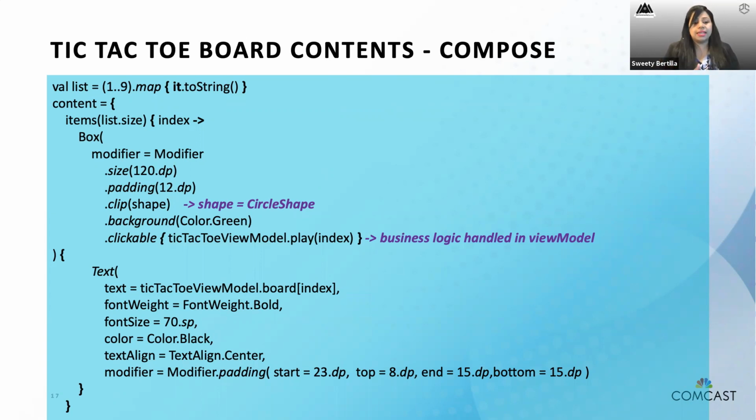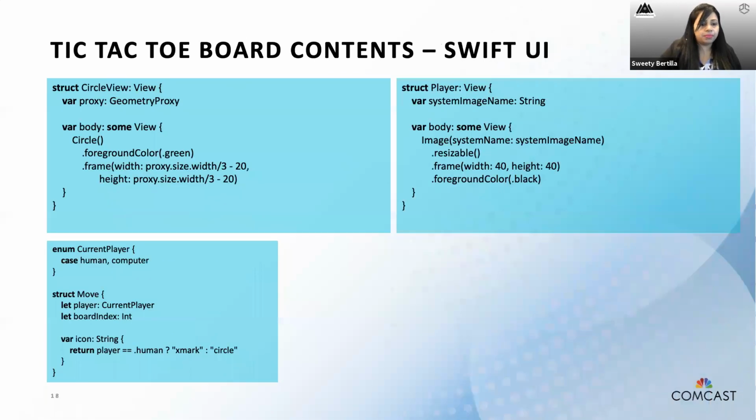And then you see a text. Text is the child of the box, so I need to place the child inside the box. And I'm setting some text values: font weight, font size, color, where I want to align it, and some padding. Let's look at how you're doing the same in SwiftUI.